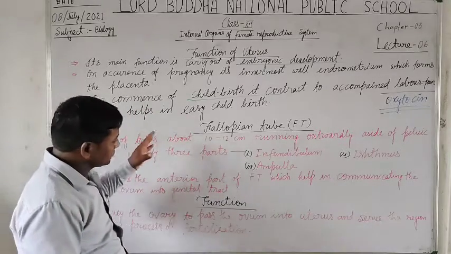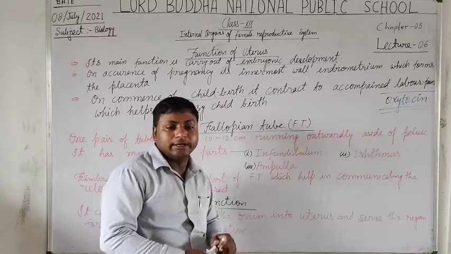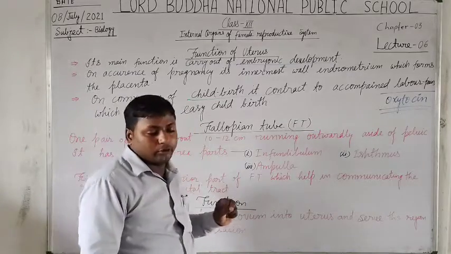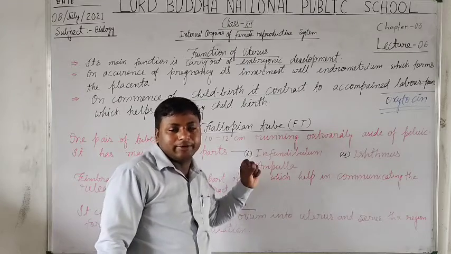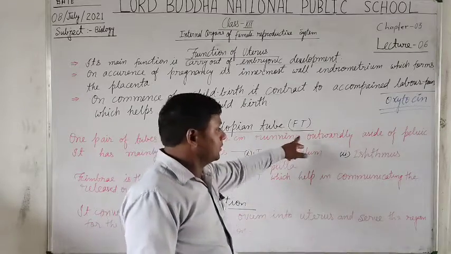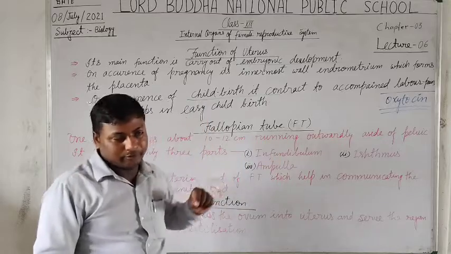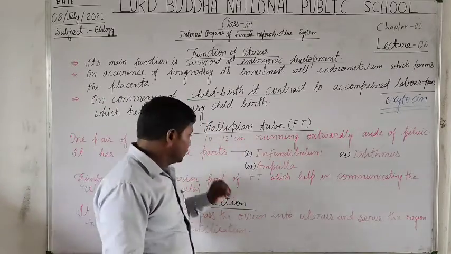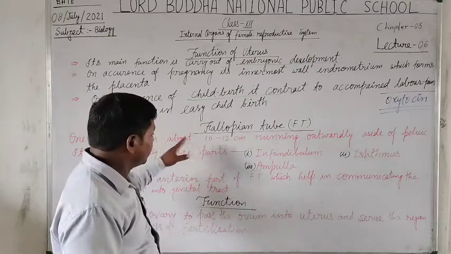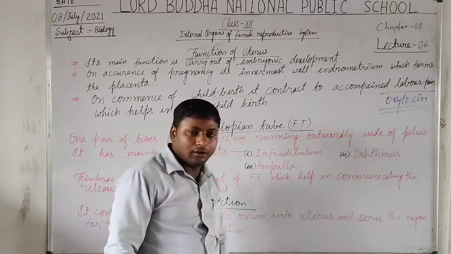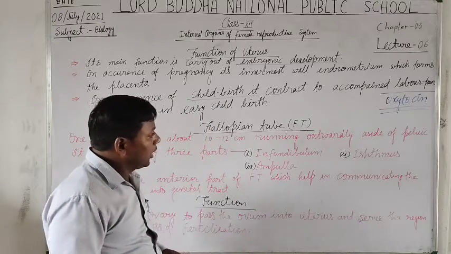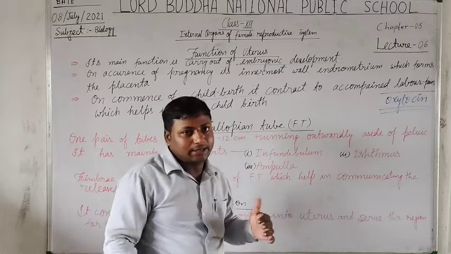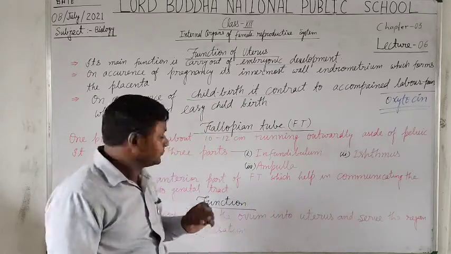Now students, another internal part of the female reproductive system is the fallopian tube. We also call it FT in abbreviation. So students, it is a pair of tubes about 10 to 12 centimeter long running outwardly aside the pelvis at each side.